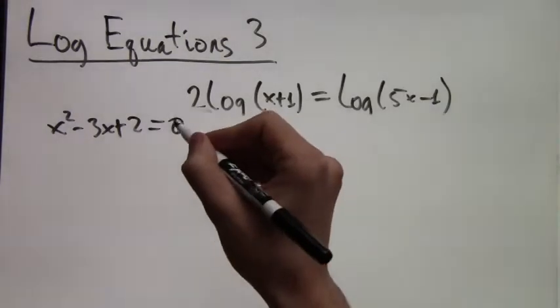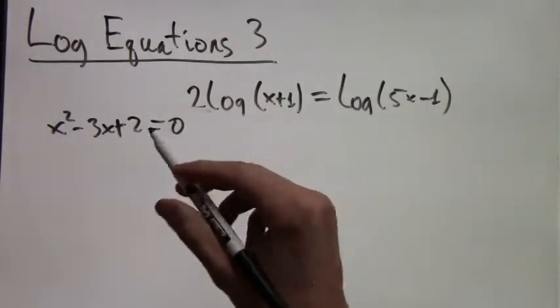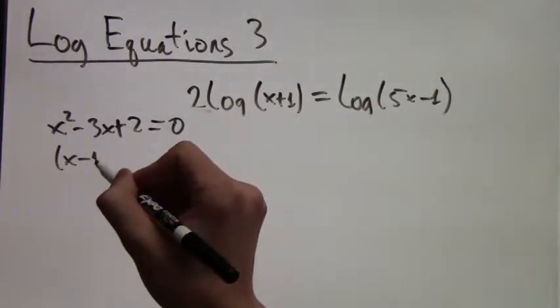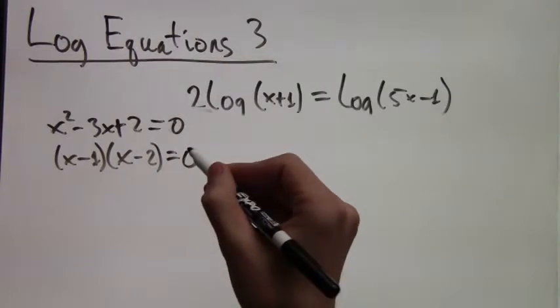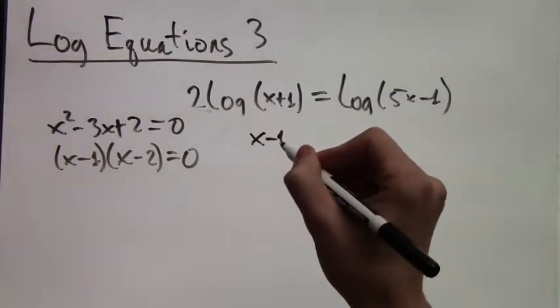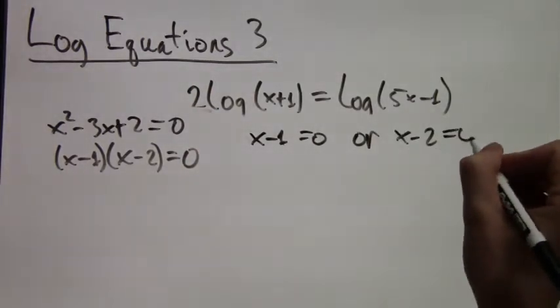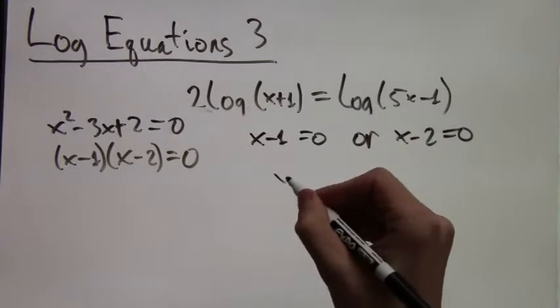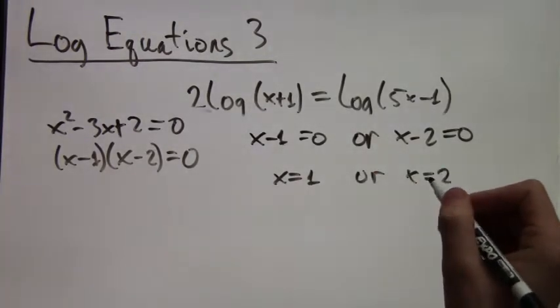Well, for more details on how to factor quadratic equations, you can look up my video lesson, Factoring Quadratic Equations. Right now I'll just tell you that it's x minus 1 times x minus 2, which you can check by foiling. This tells us that x minus 1 equals 0 or x minus 2 equals 0, giving us two possible answers, x equals 1 or x equals 2.